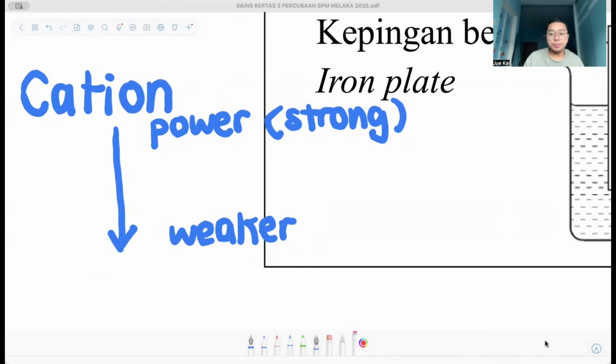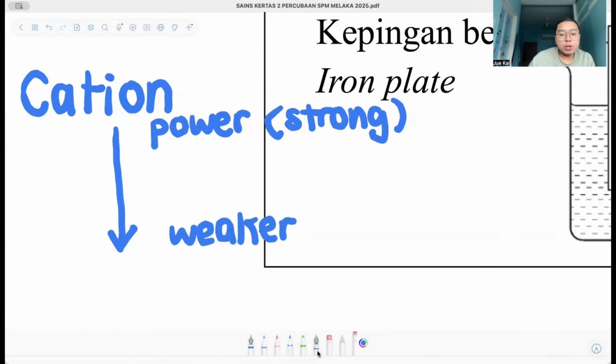Clear or no? If you're not clear, please ask questions. I repeat again, it's really easy.